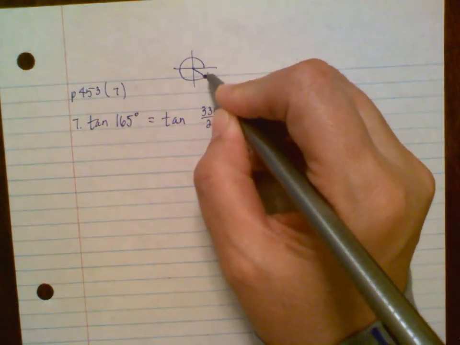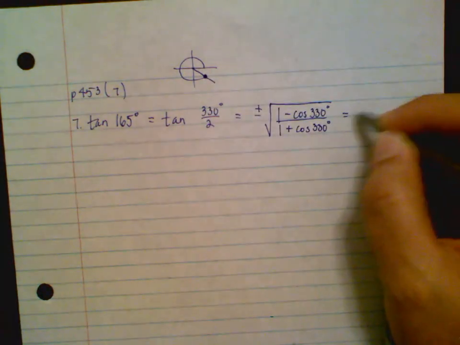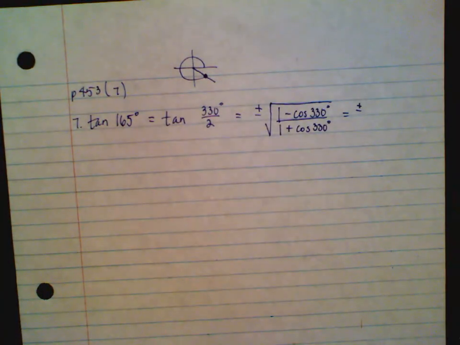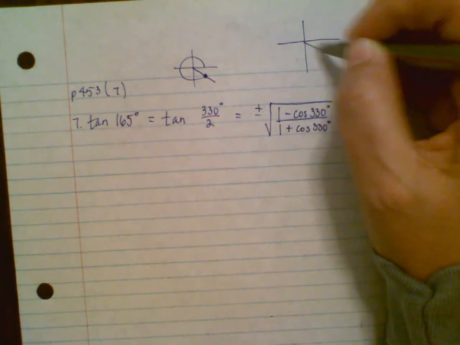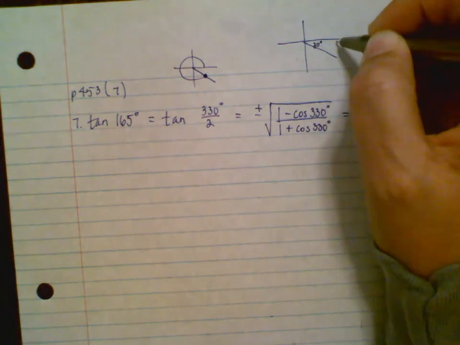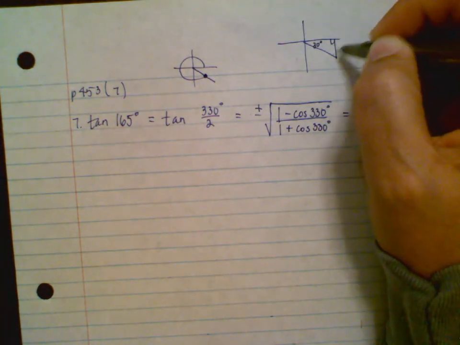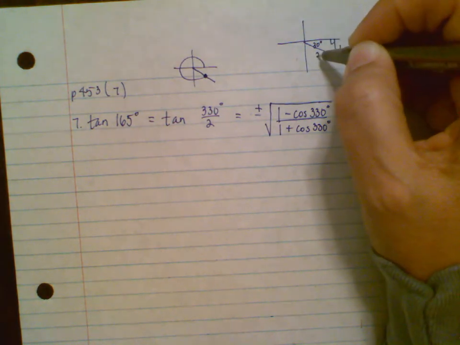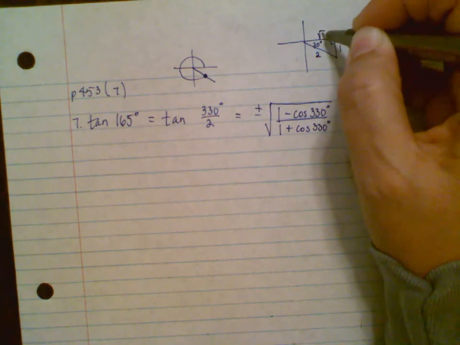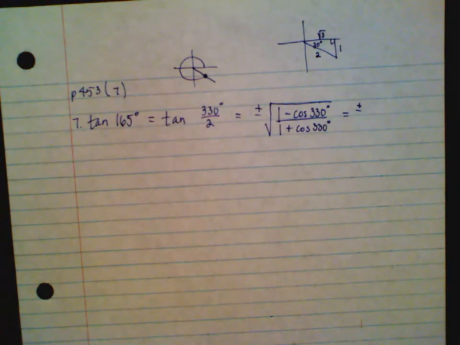So I think this is the square root of 3 over 2. When I look at my 30-degree angle, this is a 60-degree angle, and remember, the shorter side is always across. And then this is the square root of 3. I believe that's what I'm going to use.